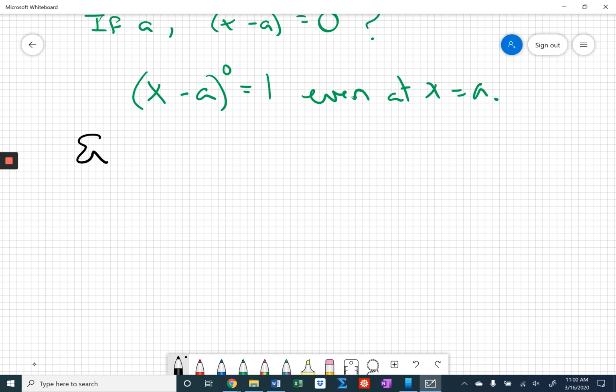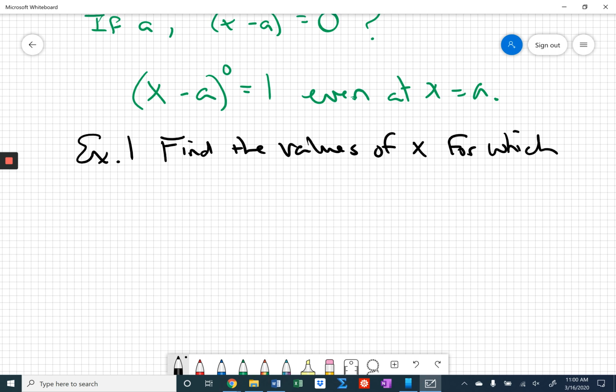So example number 1. Find the values of x for which the power series is convergent. So we're asking the same question here.